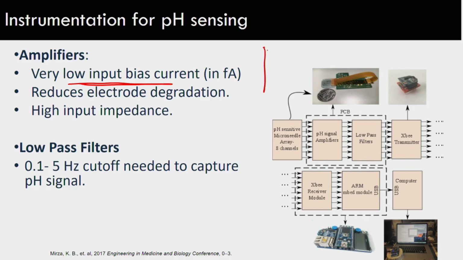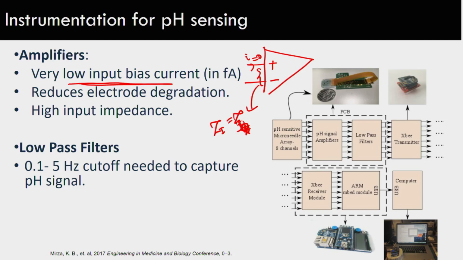But what we need to keep in mind in pH, and this is very important, is that it should have low input bias current. When we make amplifiers, the ideal input impedance, let's call it Zi, is infinite. Infinite means there is no current flowing into the terminals.